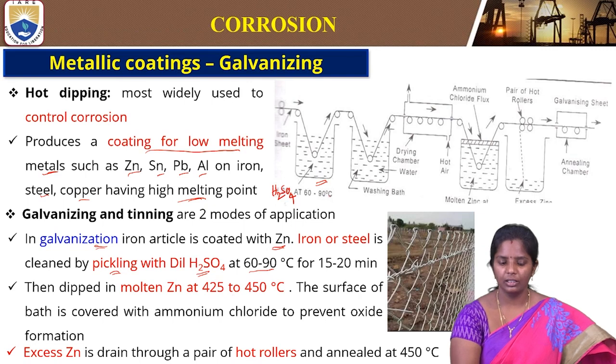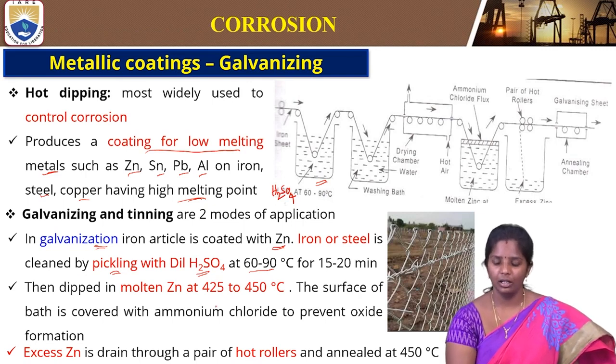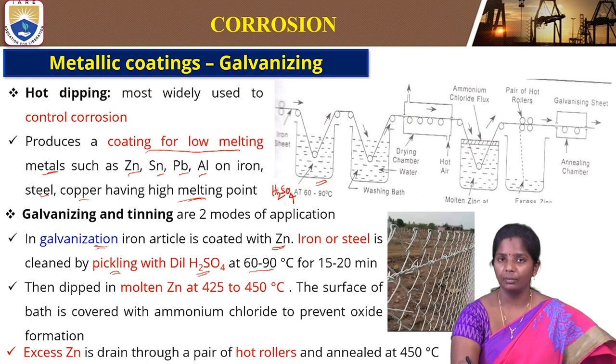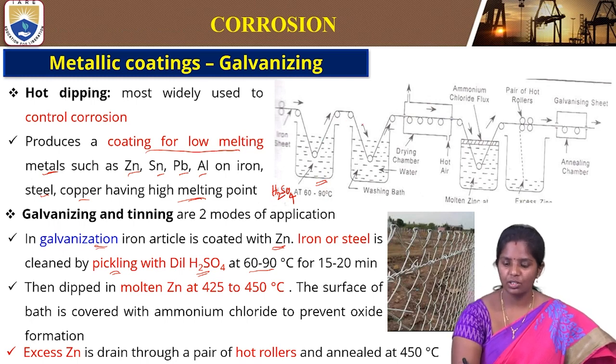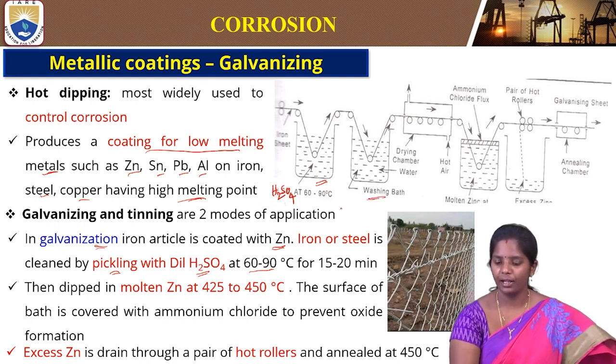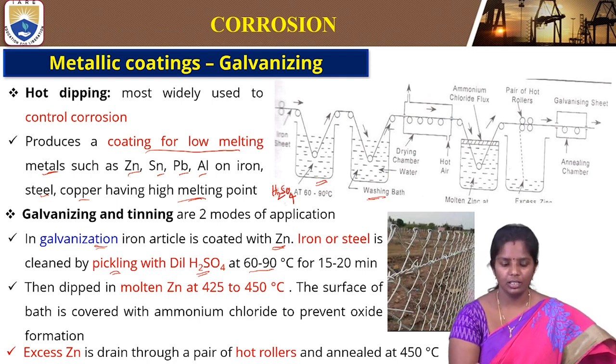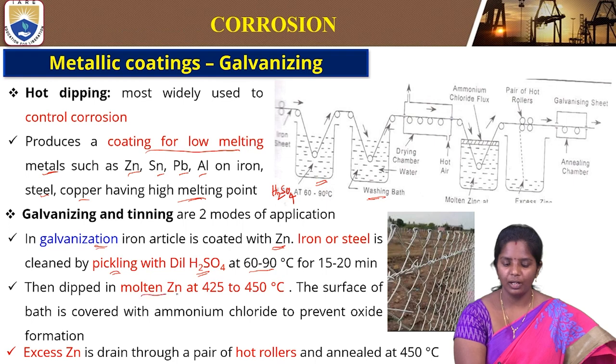In this, the metal or the article, iron or steel, is dipped. It will undergo cleaning, so dust particles are removed, and then it is passed through a washing bath containing water so that it rinses the metal or the steel. Then it is dipped in the molten zinc.